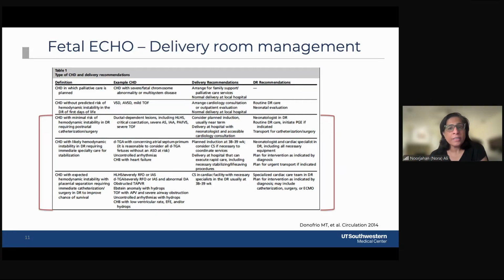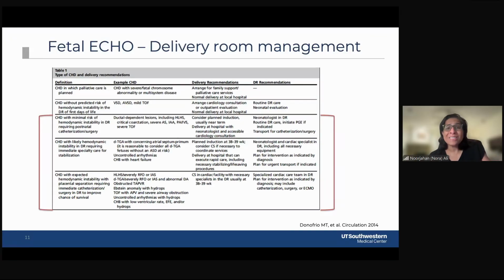We want to deliver ideally at a hospital where we have quick access to neonatologists as well as our cardiology colleagues. In the delivery room, of course, we do routine delivery care, but these lesions are going to need prostaglandins closely after being born, and may need transport to the place where they might get other intervention like cath or surgery.